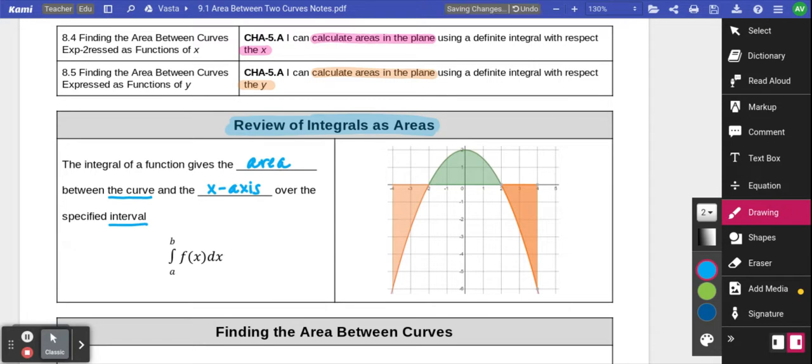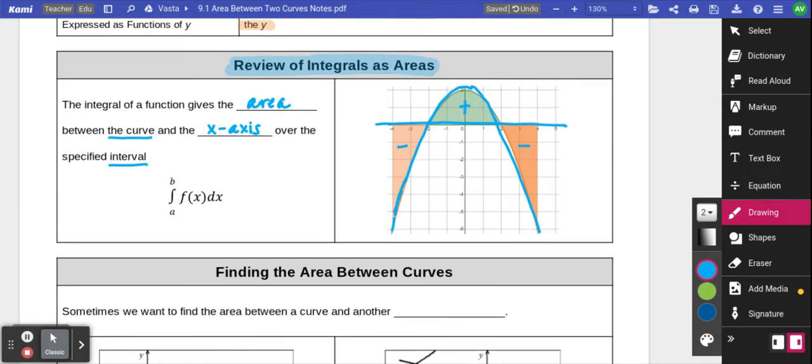So a graph like this would be the curve that you graphed. And when you find the integral, you're finding the area between the curve and the x-axis, which gives us these green areas, which we counted as positives, and these orange areas, which always counted as negatives. But again, your area was always trapped between the graph that you graphed and the x-axis.